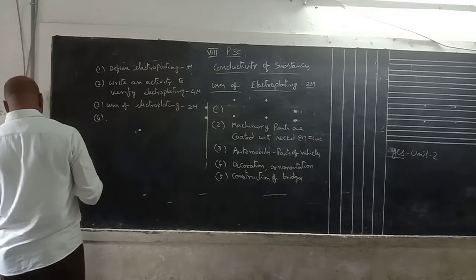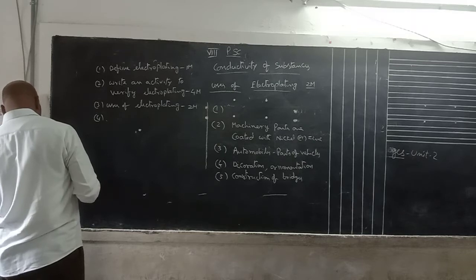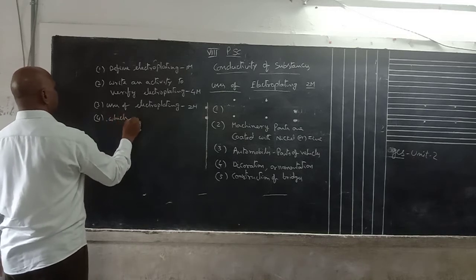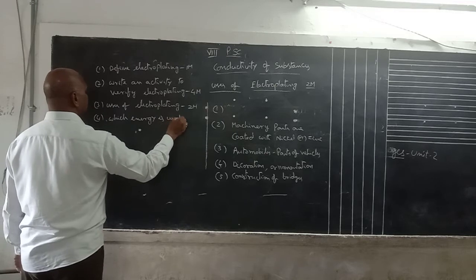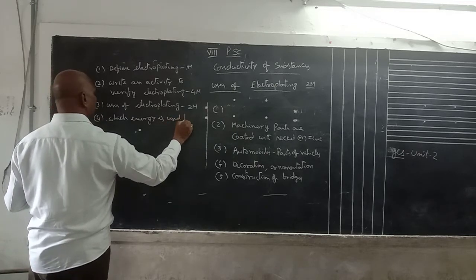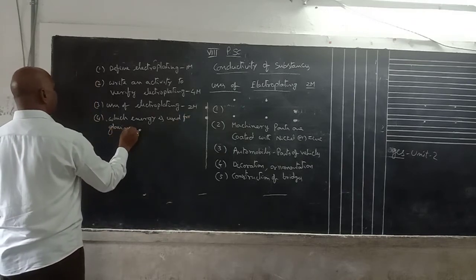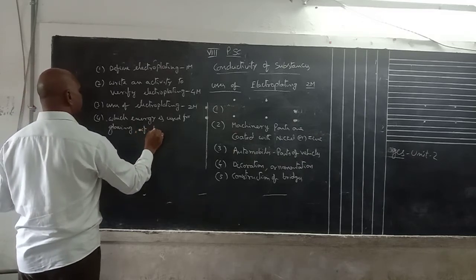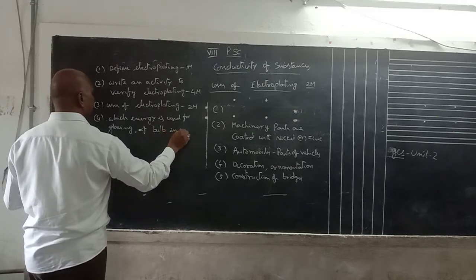Okay, the fourth question is: which energy is used for glowing of a bulb in an electrolytic cell?